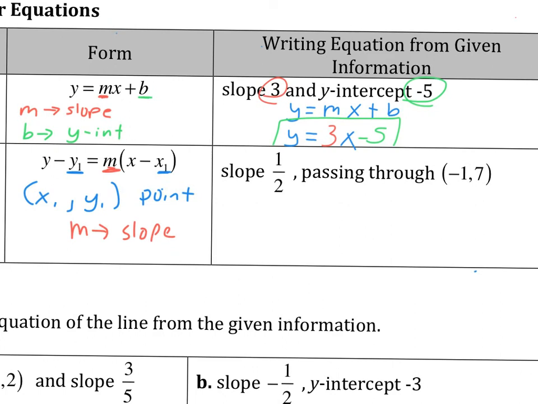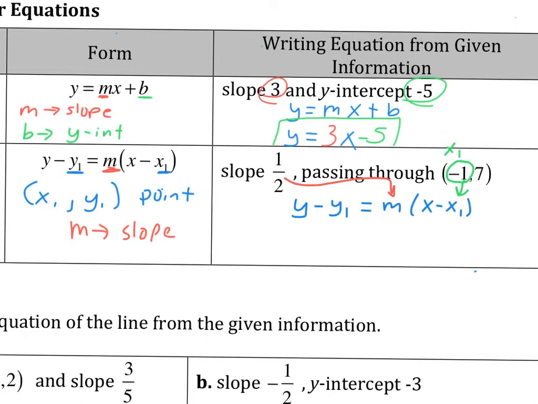So, how do we approach this one? It's wise for us to start by writing it. Y minus y1 equals m times x minus x1. Notice where I specifically put things. The m is the 1/2, so that goes there. This x value right there is going to go in for the x1. It doesn't go in for the x, it goes in for the x1.